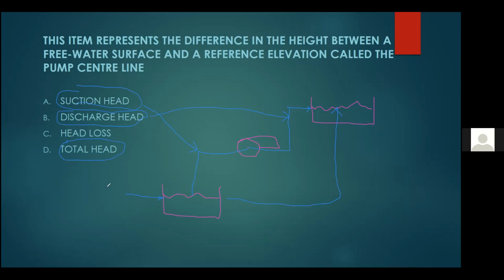So that's how you have to remember it: free water surface to the pump is always suction, pump to the free water surface is always discharge, and the total from start to finish is the total. Good job on that one. That was a tough one.